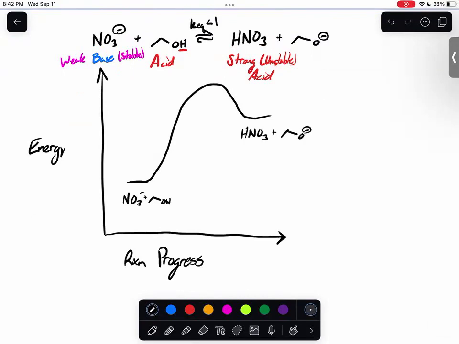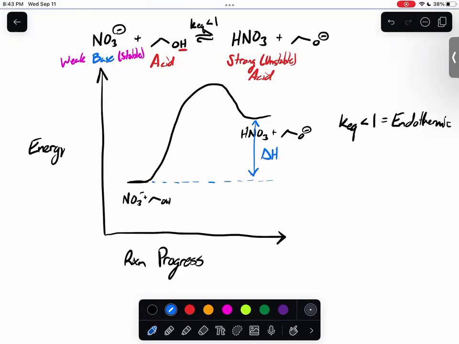So this is an example of something that has a KEQ, like we said, of less than 1, because it's going up in energy. And that tells us that the reactants are more stable, but also this is endothermic. And we know this because looking at where this material starts from and where it ends, right, we have this gap here, which is our delta H. And what that's showing is that we need to add energy, right?